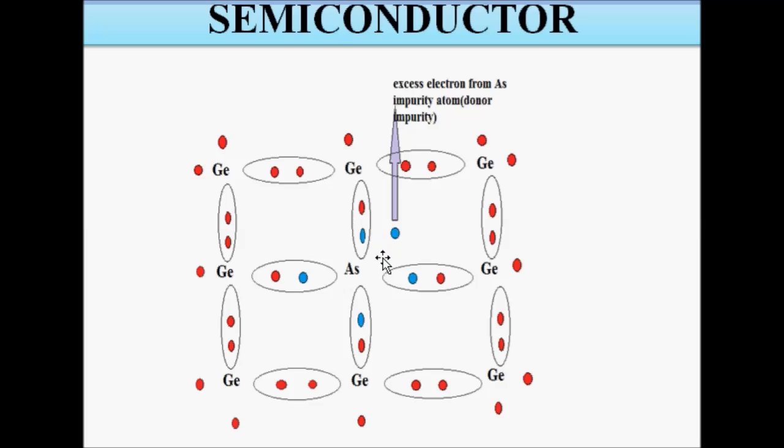Now it has exhausted 4 of its valence electrons. One valence electron is left behind, which does not participate in the covalent bond formation process.